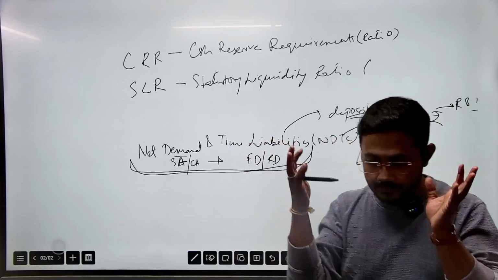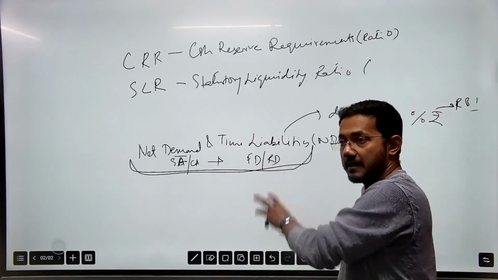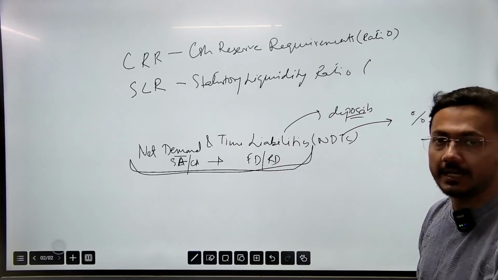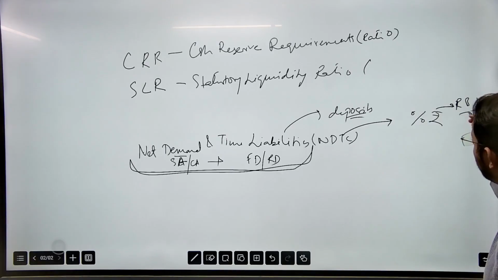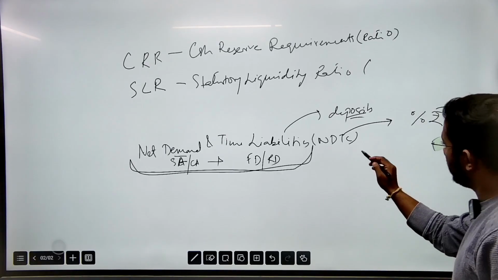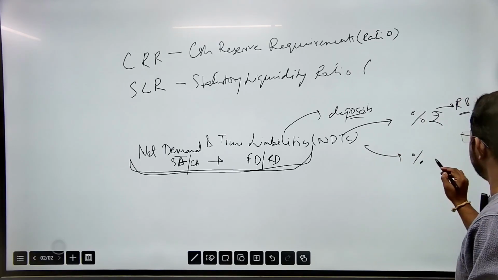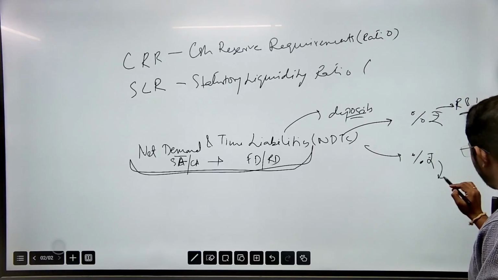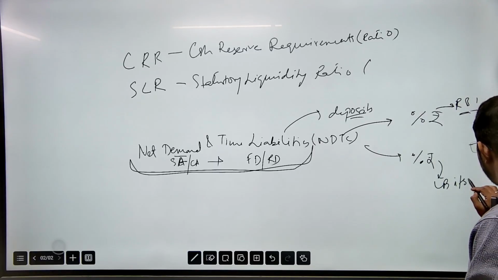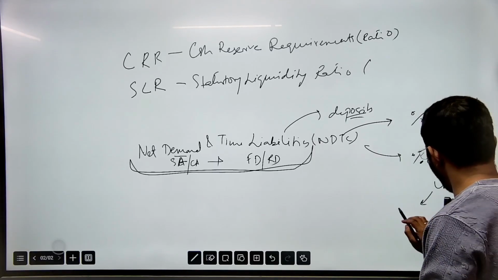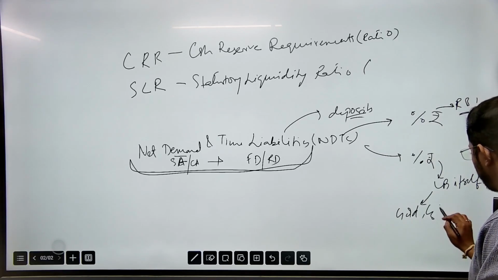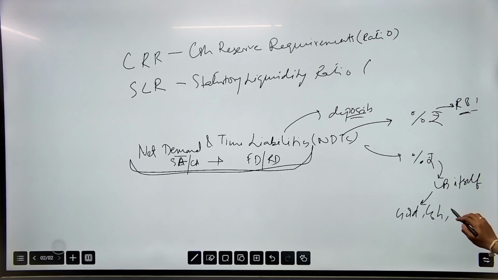From the deposits the commercial bank has at a point of time, a certain percentage must be deposited with the RBI, and another percentage shall be kept with the commercial bank itself in the form of gold, or cash, or short-term marketable securities.